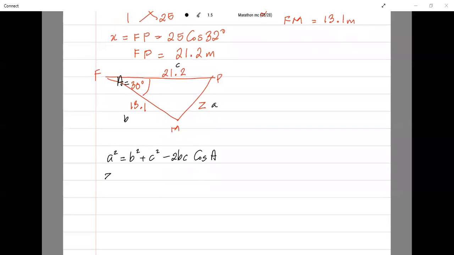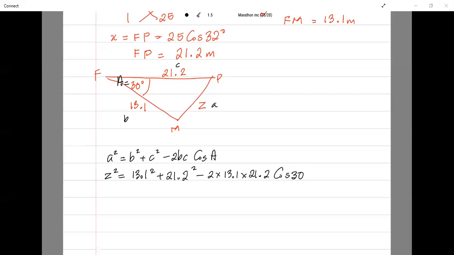This is Z squared is equal to 13.1 squared plus 21.2 squared minus 2 times 13.1 times 21.2, the cosine of 30 degrees.